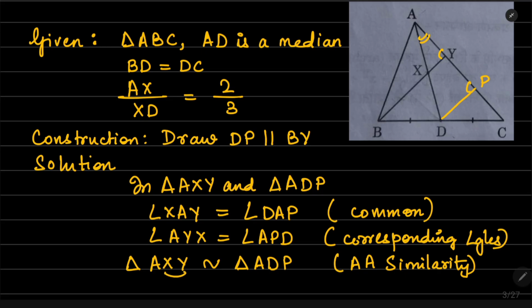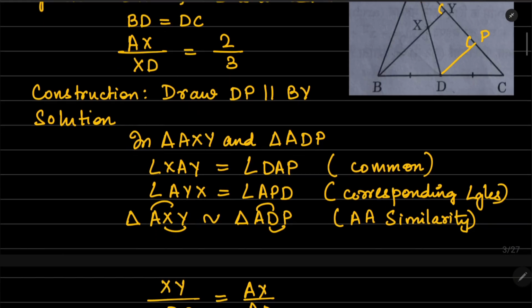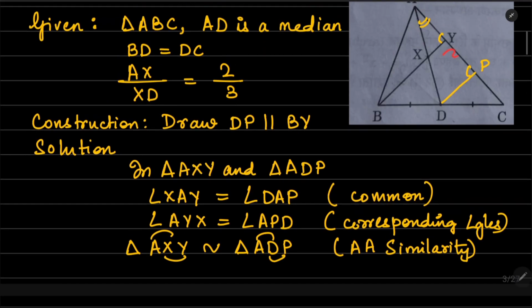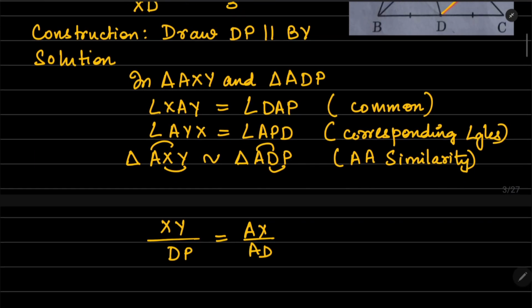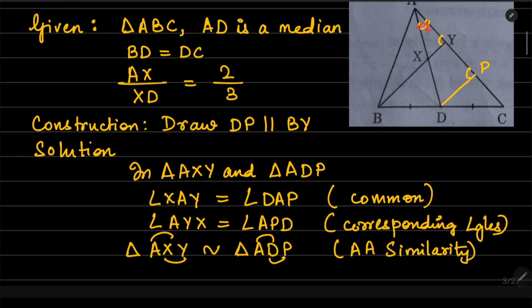XY by DP. Okay, let's write that. So XY divided by DP is equal to, we can write AX by AD, right? Let's see what we just wrote in the figure. So XY by DP is equal to AX divided by AD.